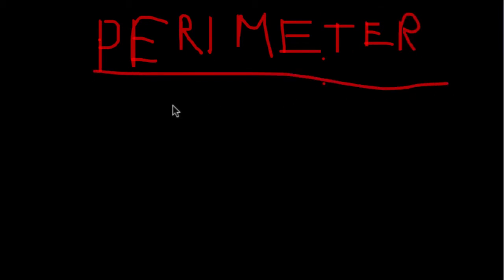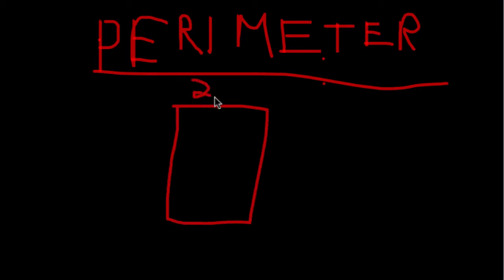Now we're going to watch perimeter. So the basic concept of perimeter is the addition of all the shape's sides. So, for example, I'm going to draw it. For example, we have a rectangle here, and this side is 2 centimeters, and this one is 4 centimeters.